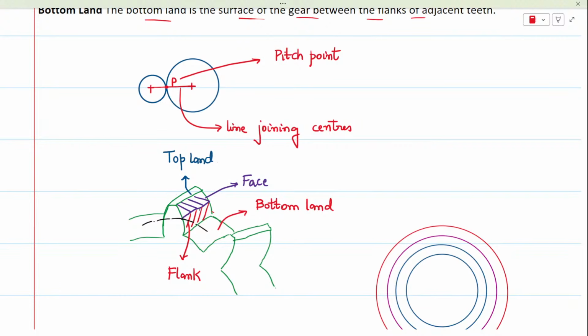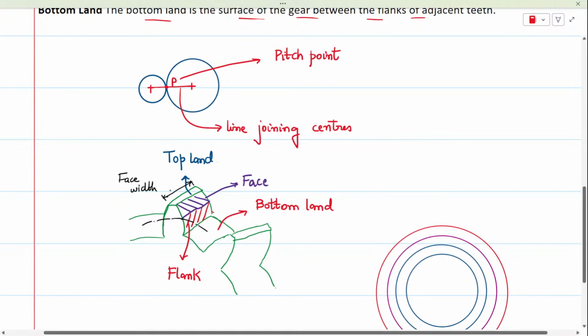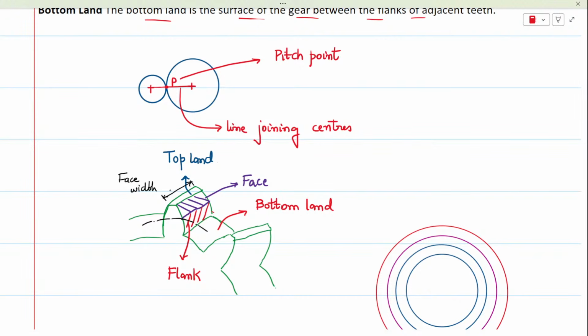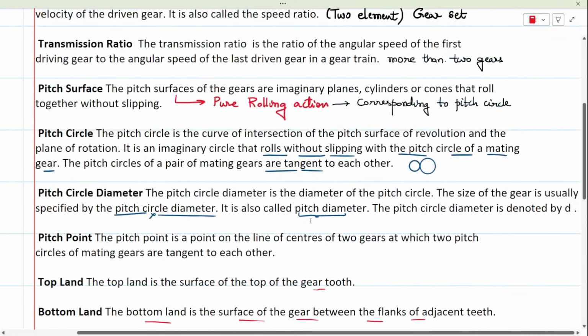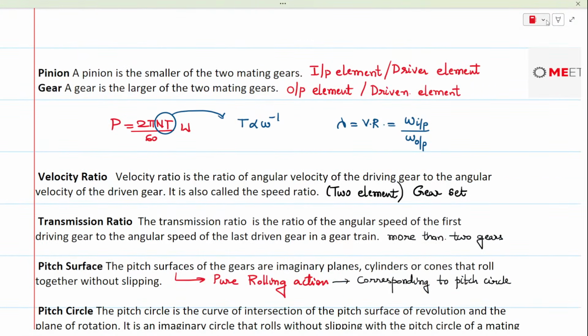This dimension is called the face width. This is a very important dimension, especially if you are trying to design the gear. All right. These were a few parameters, and let's go to the next slide and try to understand the other parameters of the gear tooth as well.